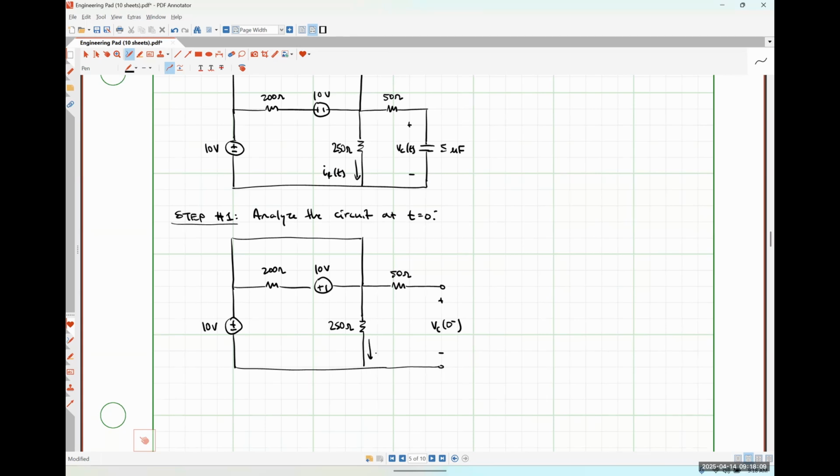And then here is the IR at 0 minus that we're interested in.